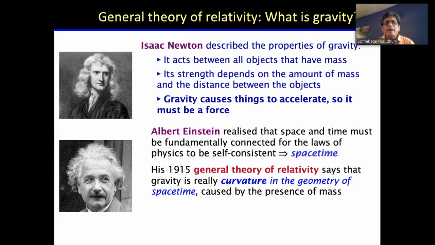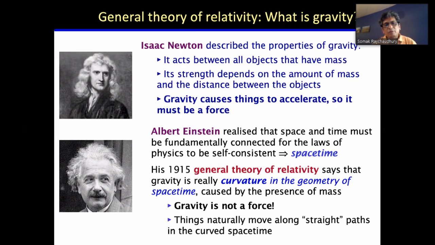And then gravity is a manifestation of objects interacting with each other because the space around them is curved, which means that gravity is not a force, and things move along space following its curvature.